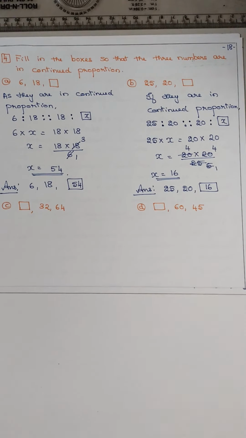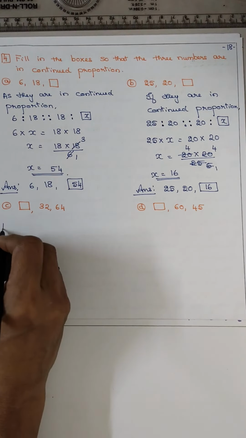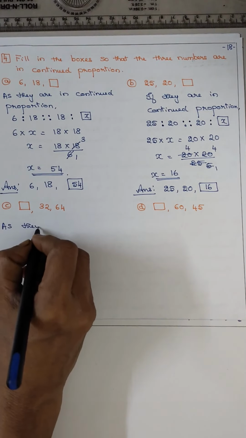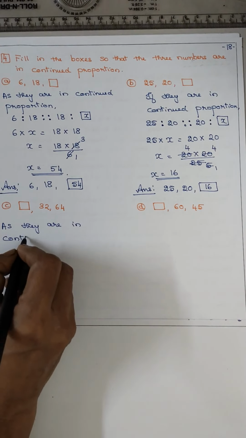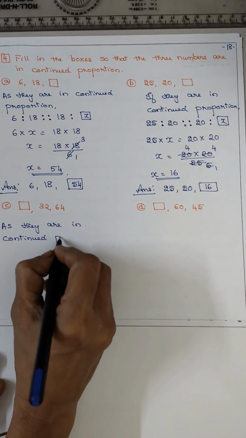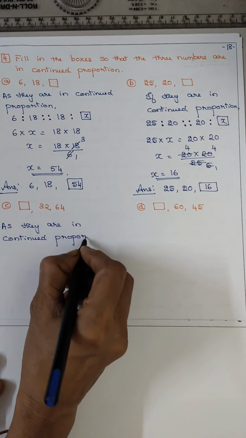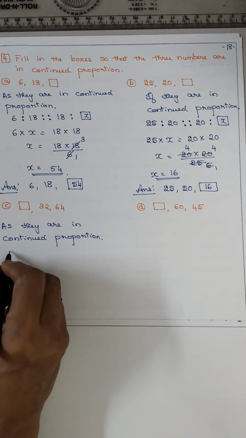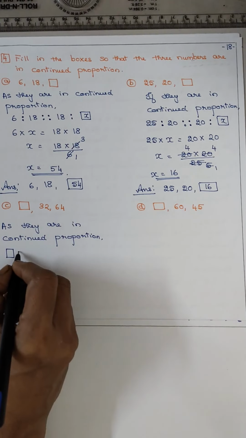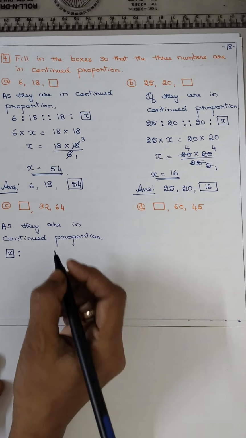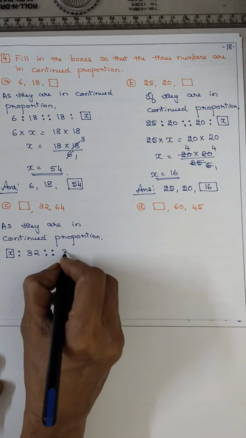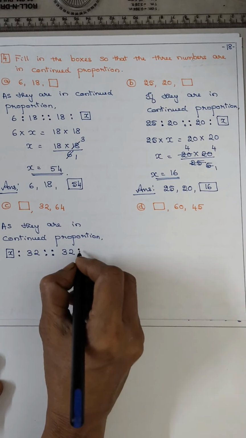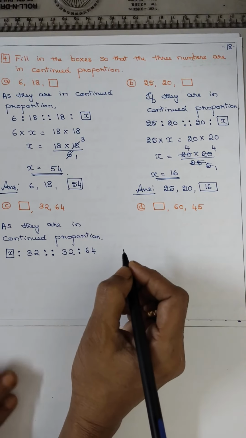Now coming to question number C, as they are in continued proportion, it should be first is box, that is x is to 32 in proportion with 32, second number repeated is to 64.